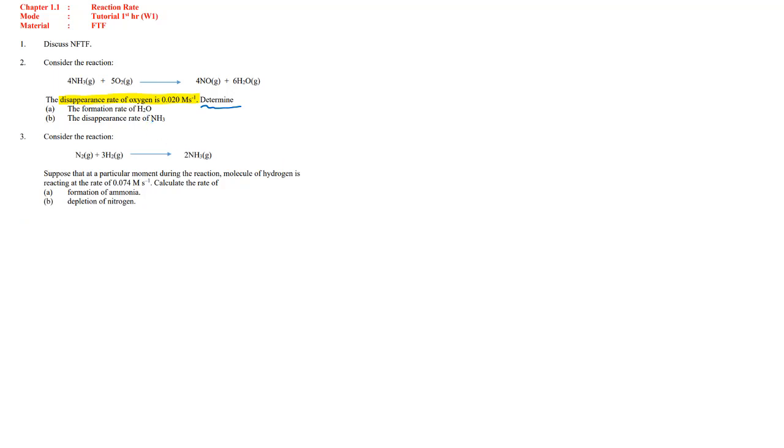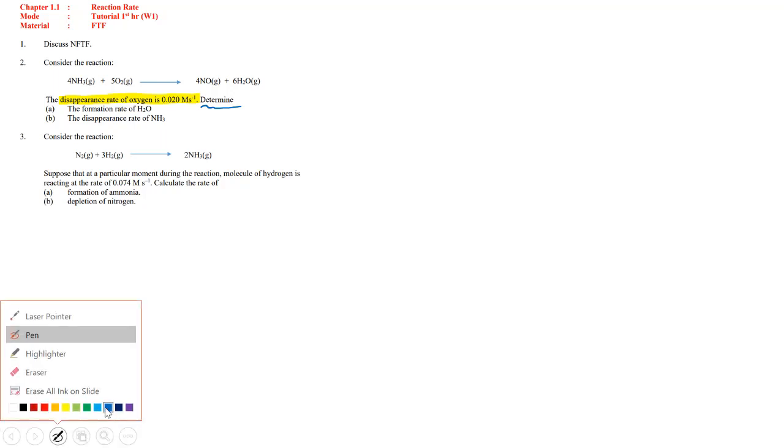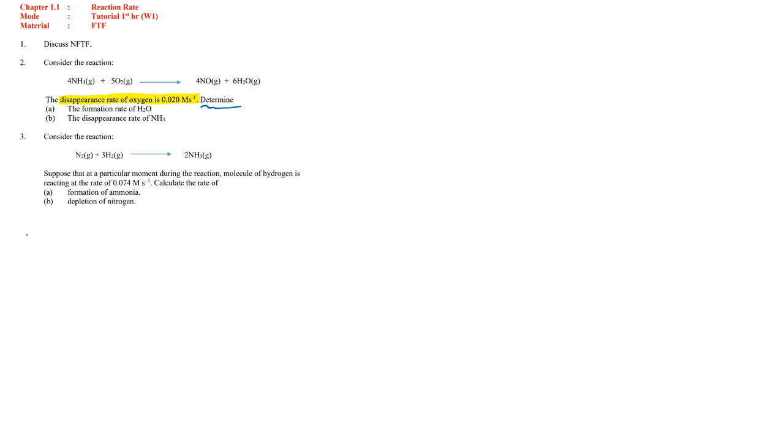So, just now, I said that the differential rate equation relates the rate of disappearance of reactants and rate of formation of product. So, differential rate equation ni dia menghubungkan kadar pengurangan reactant dan kadar pembentukan produk. So, what you are going to do is, firstly, you must write the differential rate equation for the whole reaction.